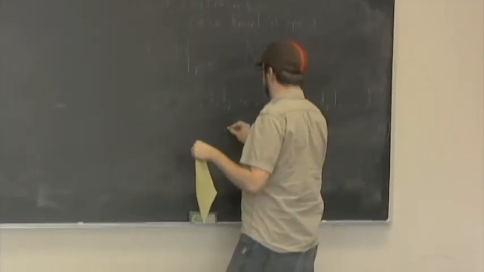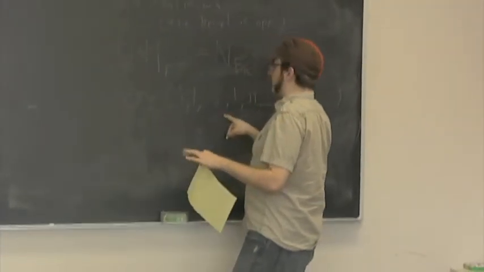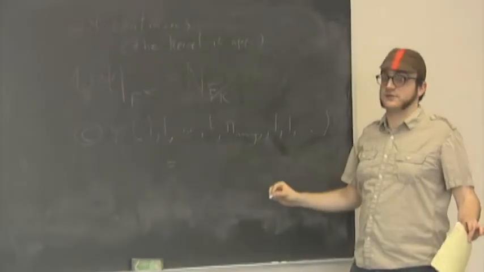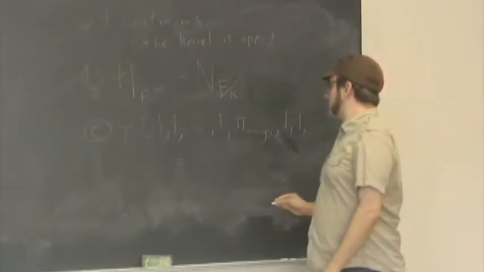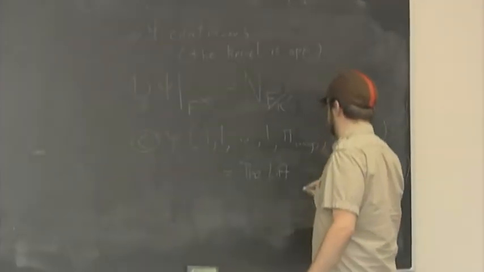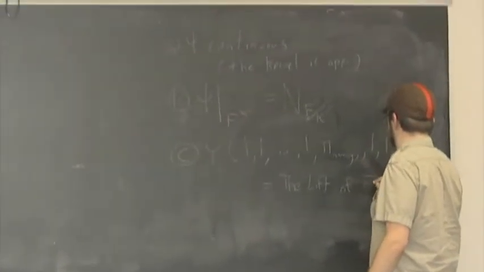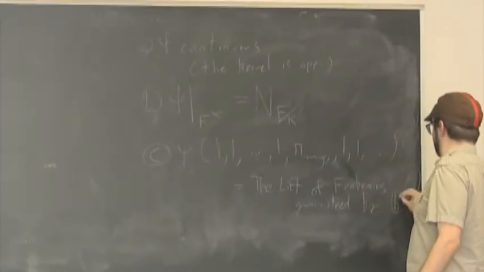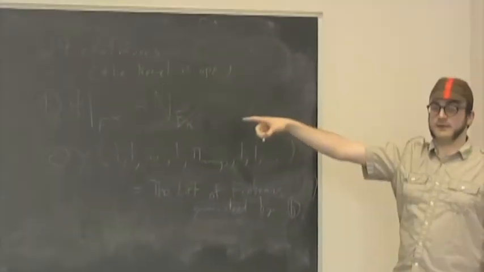Then this is going to land in K cross a priori, which means it could land on the endomorphisms of the curve. And I demand that it lands not on any endomorphism of the curve, but on the lift of Frobenius guaranteed by part B of the proposition, and it's unique by part A of the proposition.